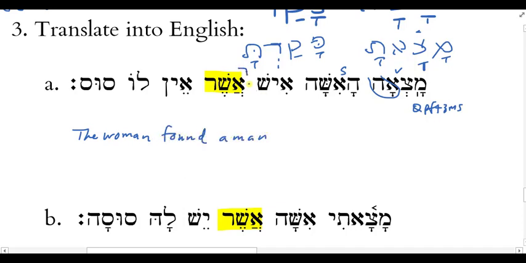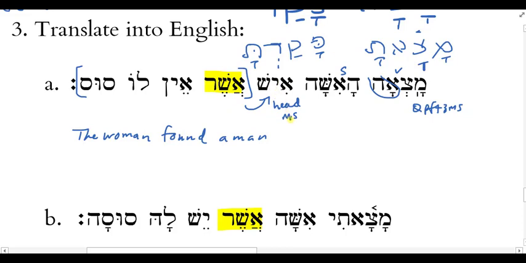And so now what's the asher clause going to do? It's going to tell me something about who? About the man. So the asher clause modifies the head. The man is the head. Okay, what gender and number is the man? Masculine singular. Okay, good. So if I get a resumptive pronoun inside the relative clause, what will it have to be?